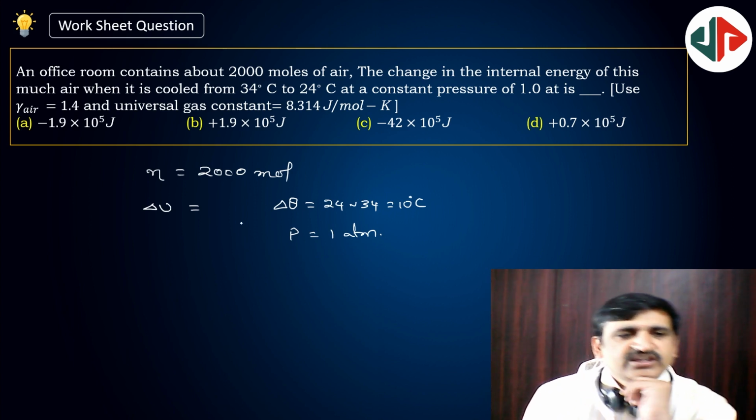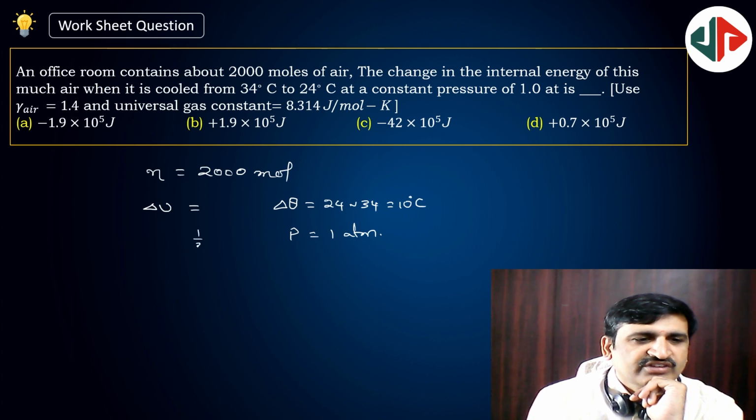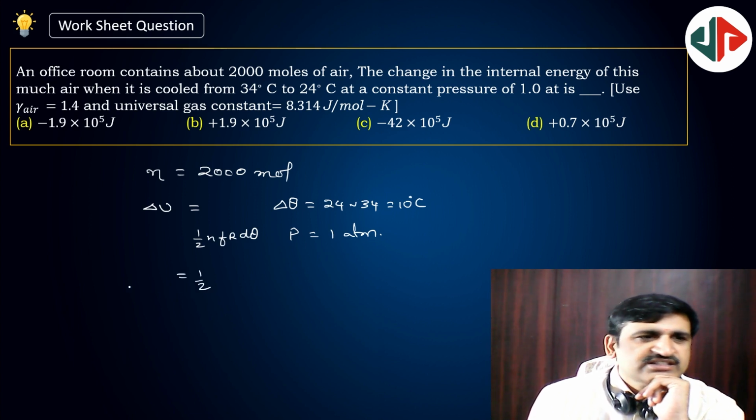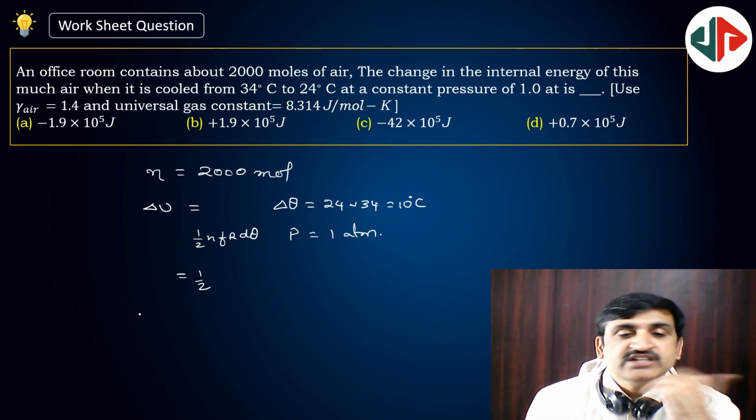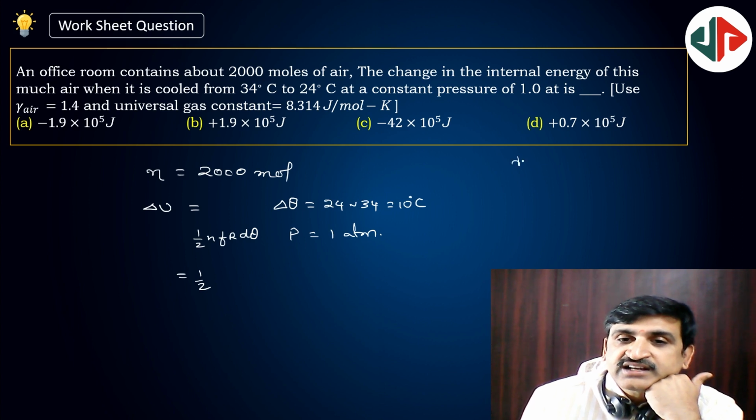Internal energy dU is equal to half nf R dT, so directly we can use this. Which type of gas is it? Is it monoatomic? Gamma value is given as 1.4. Gamma values are 4 by 3, 7 by 5, 5 by 3.